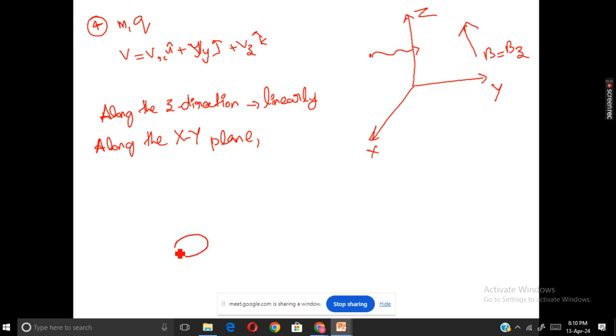So it will have a circular motion in the xy plane, whereas it will move linearly along the z axis. So it will have a helical trajectory.